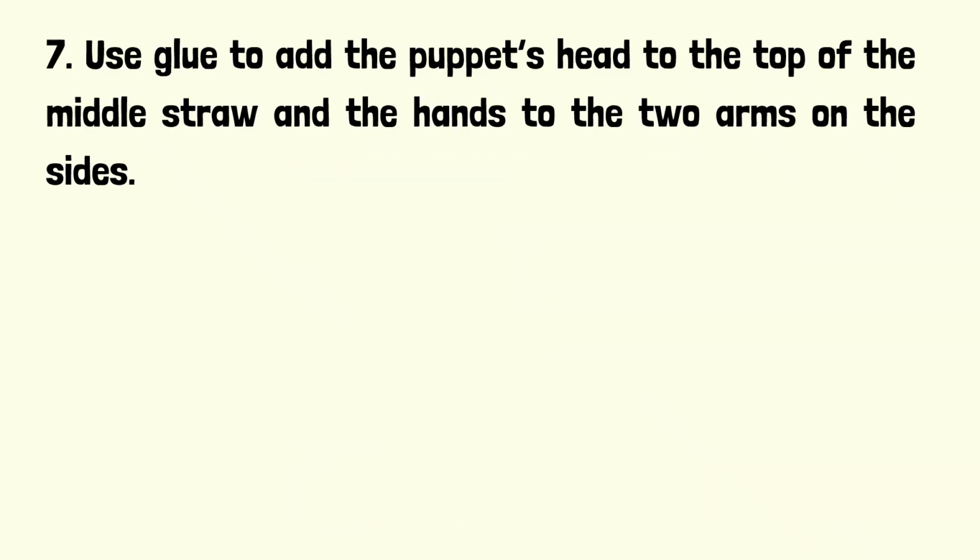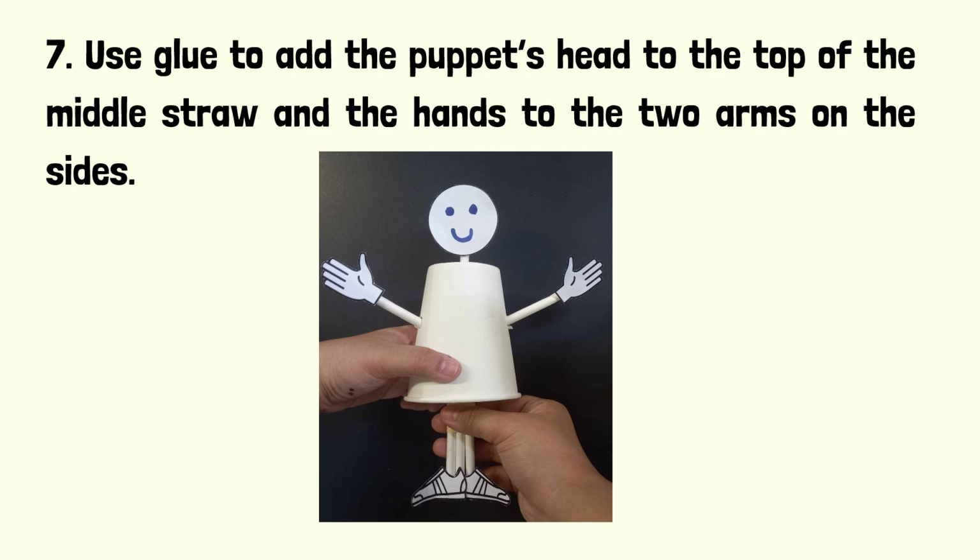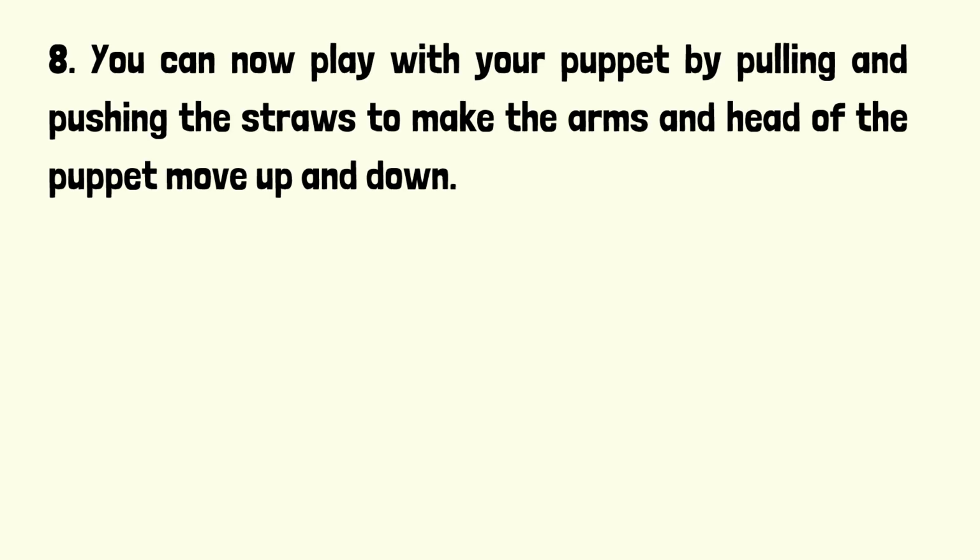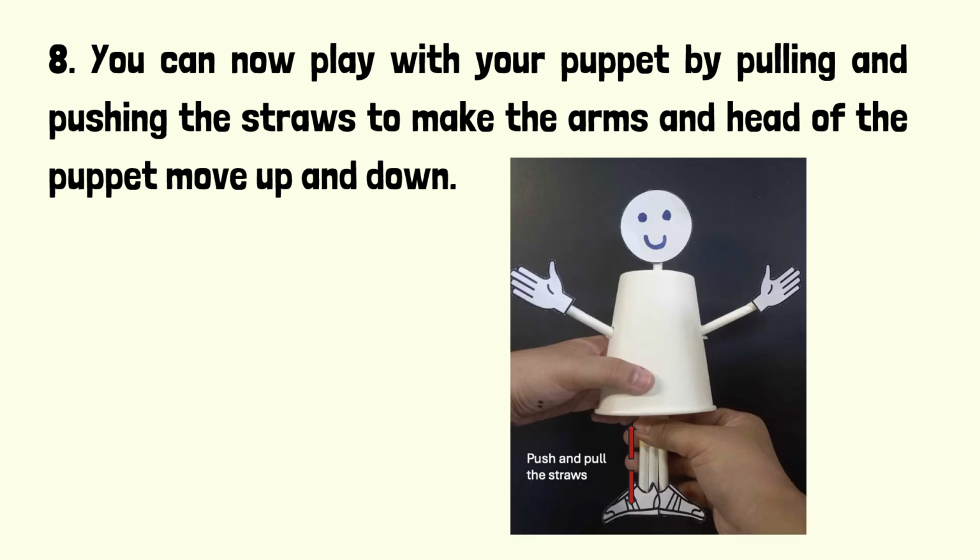Use glue to add the puppet's head to the top of the middle straw and the hands to the two arms on the sides. 8. You can now play with your puppet by pulling and pushing the straws to make the arms and head of the puppet move up and down.